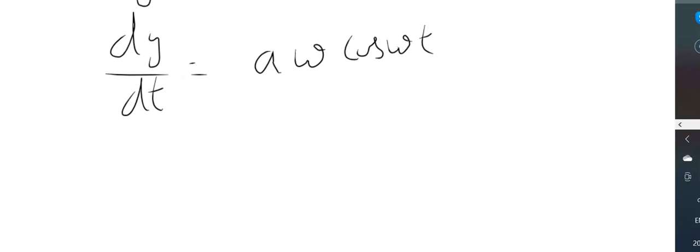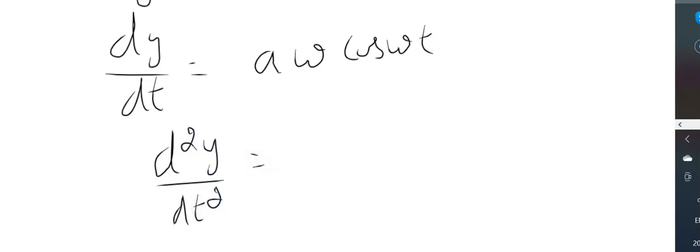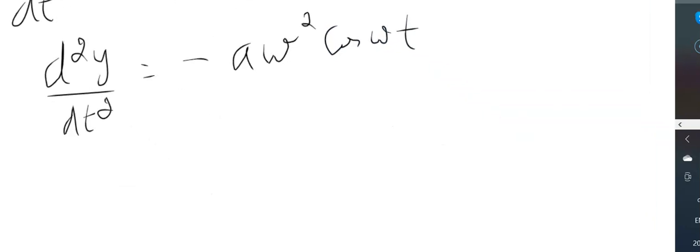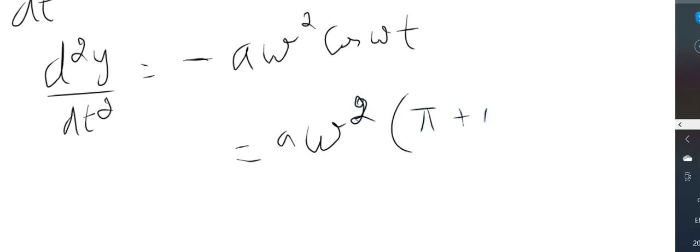When you differentiate velocity with respect to t, you get acceleration. That is d squared y by dt squared is equal to minus a omega squared cos omega t. Now, I can write this in terms of sine, that is a omega squared into, since you have a negative symbol, this now becomes pi plus omega t.